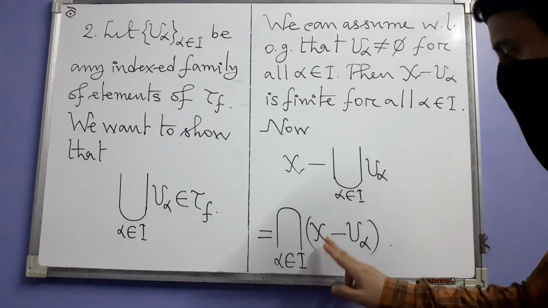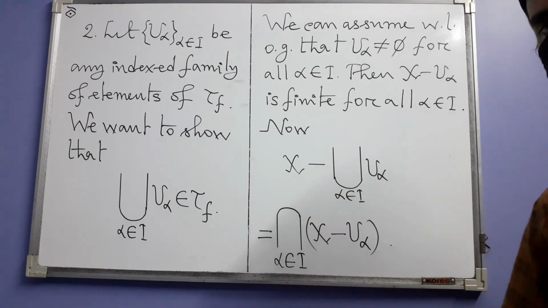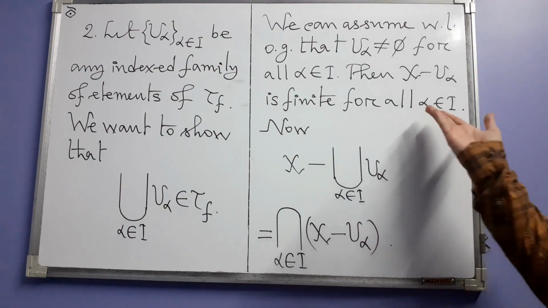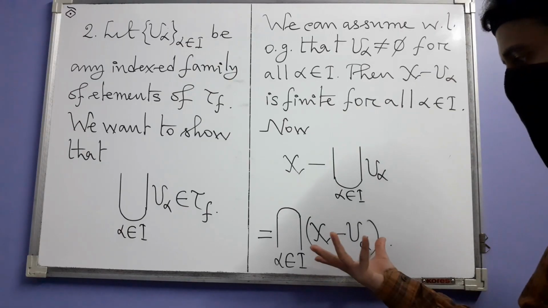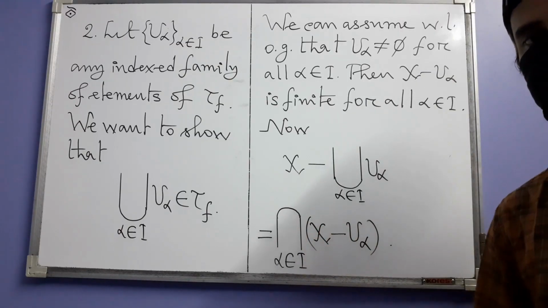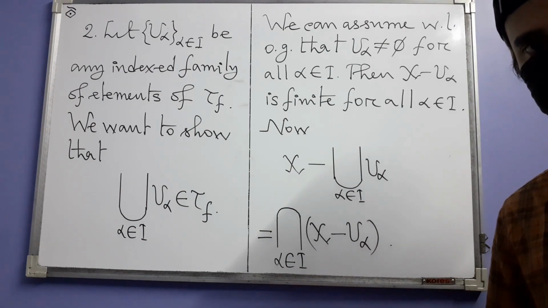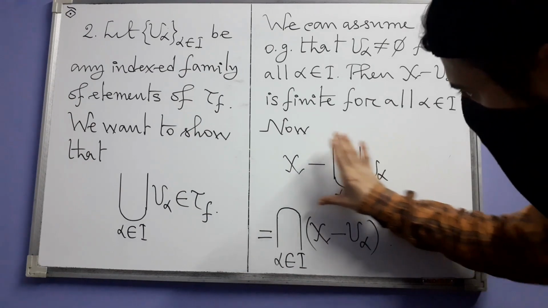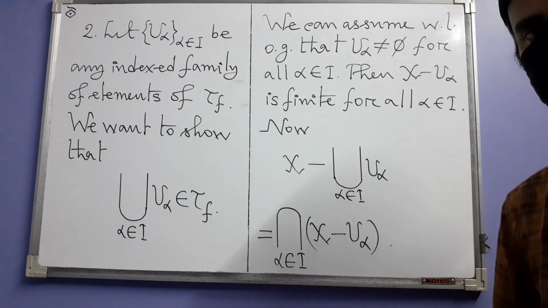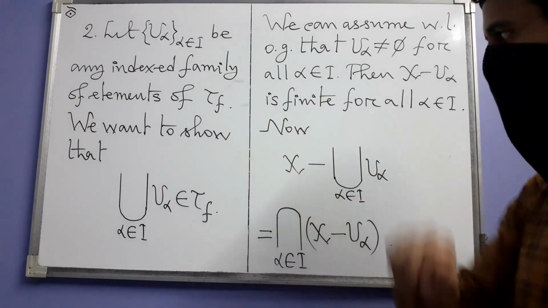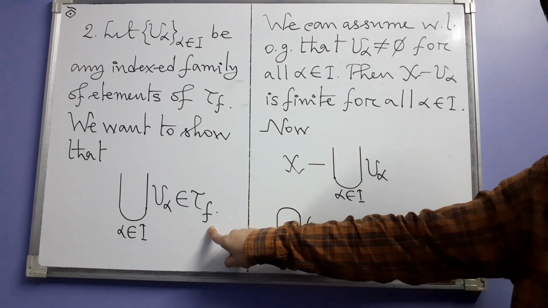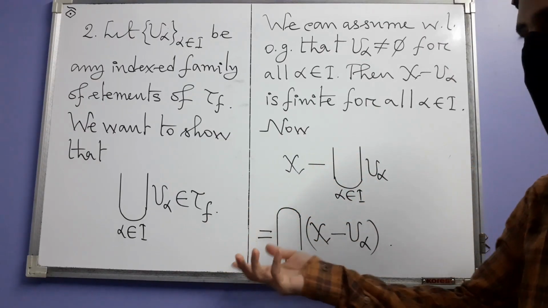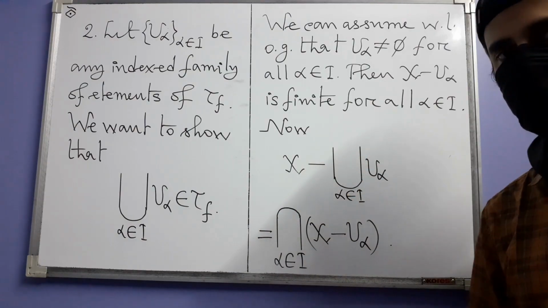This is a subset of X difference U alpha for some particular alpha, which is finite. All of these are finite. So obviously, this being a subset of that finite set will itself be finite. That means this difference is finite. So by the definition of tau f, this will really be in tau f. That's what we wanted to show, right? So we have verified the second axiom also.